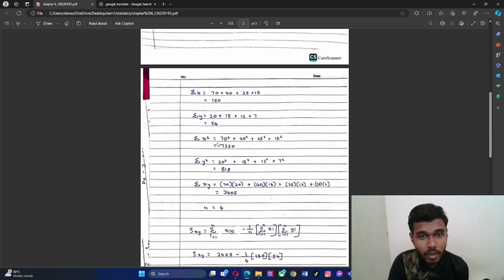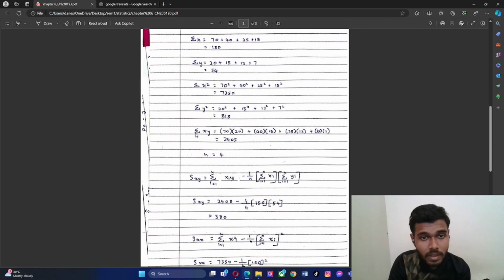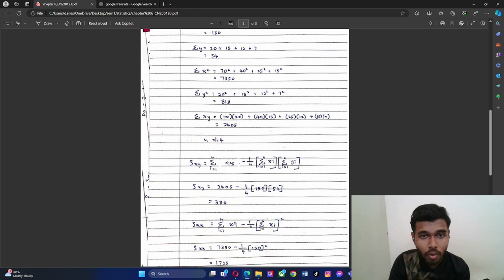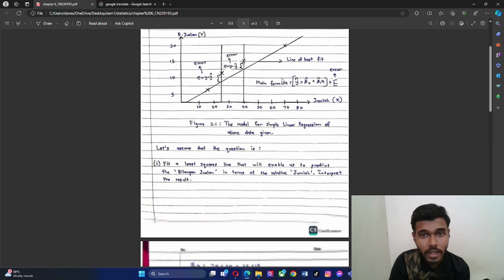The total of the x squared values is 7350, and the total of y squared is 818. This is the sum of x multiplied by y, which is 2405. Finally, the n value is 4, because each column has only 4 values.